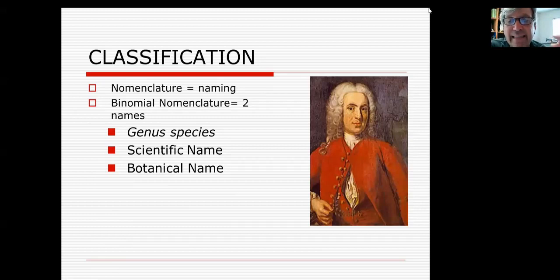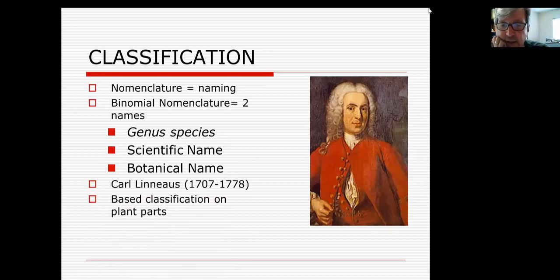Sometimes we call that the botanical name. But it's all part of this binomial nomenclature system that uses a genus and a species to identify both plants and animals. And this was developed by Carl Linnaeus back in the 1700s. That's his portrait on the side over there. But we've used this system for a while, because we have to have some kind of uniformity. And that's the key.